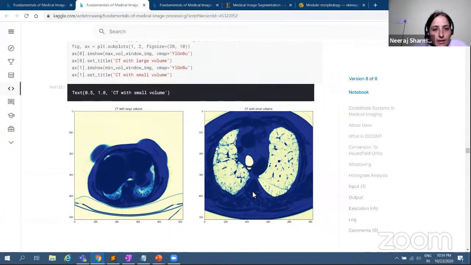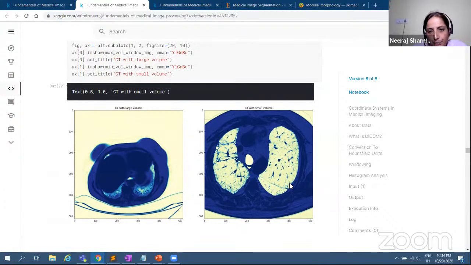So I have just taken the minimum volume of a scan and the maximum volume of a scan. If we see the maximum volume, there are a lot of other things apart from the lungs. These are the lungs basically, and there are so many other things apart from the lungs, and we will see what to do with these extra values or extra noise.